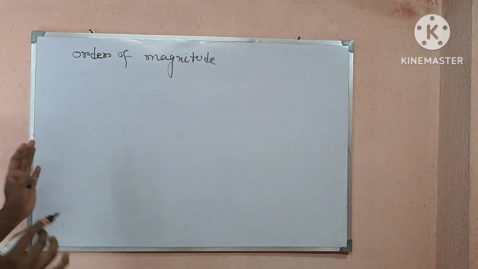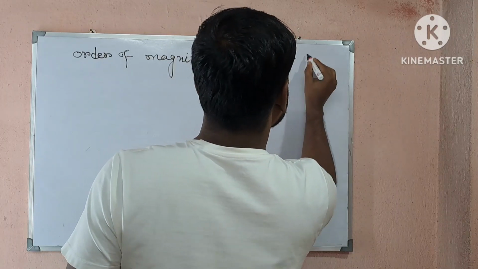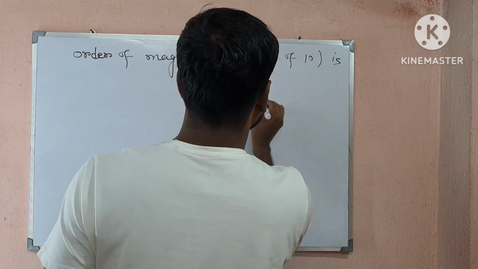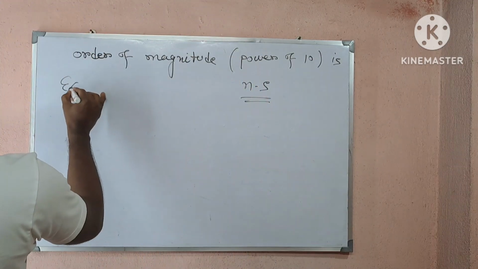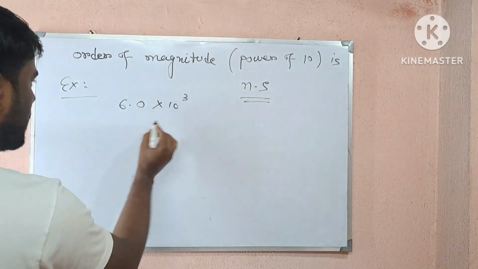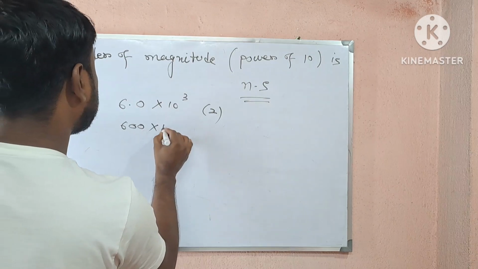Okay. Now we have to know a few more rules to find significant figures. The rule is that the order of magnitude or power of 10 is never significant. Let's take an example, 6.0 into 10 to the power 3. How many significant figures are there? 2 significant figures. 600 into 10 to the power 4.